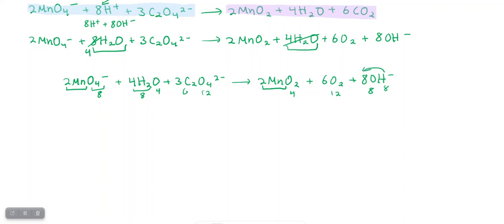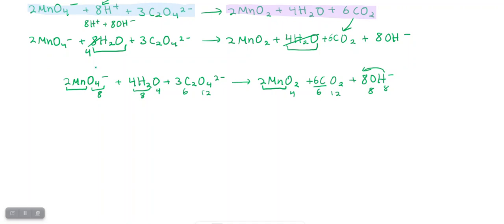Here we have 6 carbons, and oh sorry, I think I forgot a C here. This should be CO2. Yeah, because this goes down here, I just forgot to write the C. So 6 carbons, here we also have 6 carbons. And now let's look at charges.